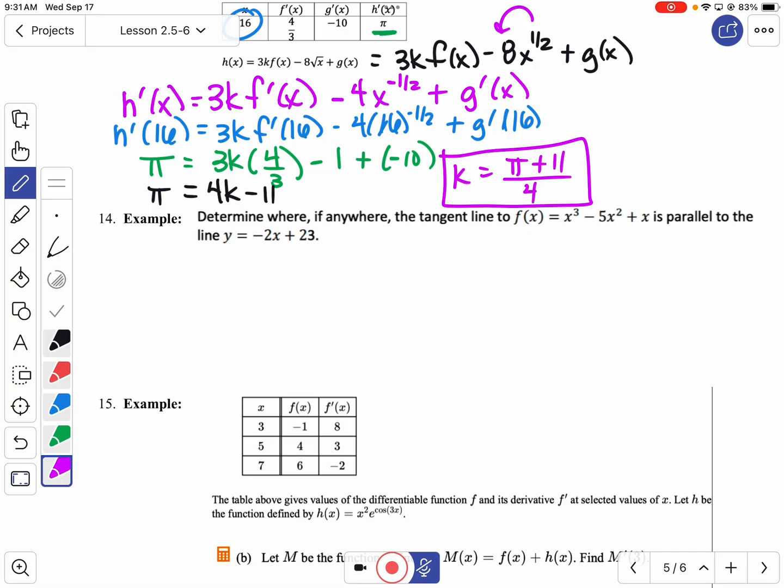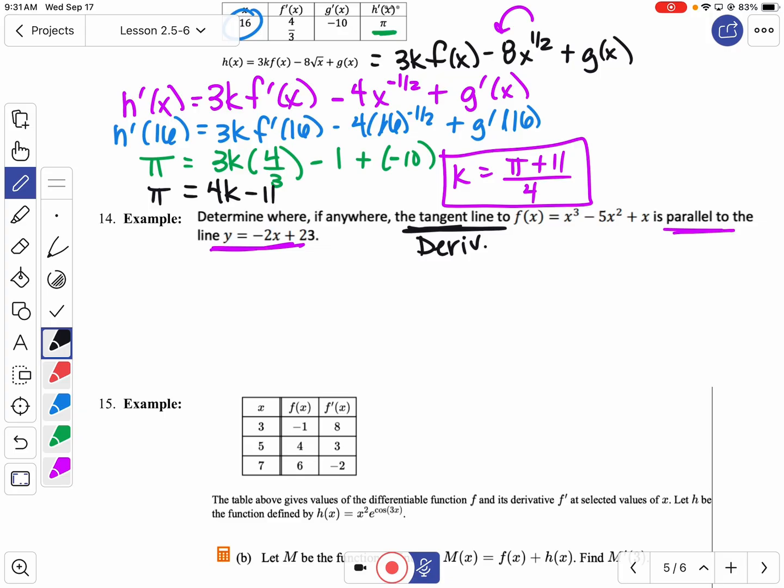Okay, let's look at that next one. Determine where, if anywhere, the tangent line is parallel to this line. If it says something about a tangent line, that should be your first hint that I need to take a derivative. If you see tangent line, and you know nothing else, take a derivative.